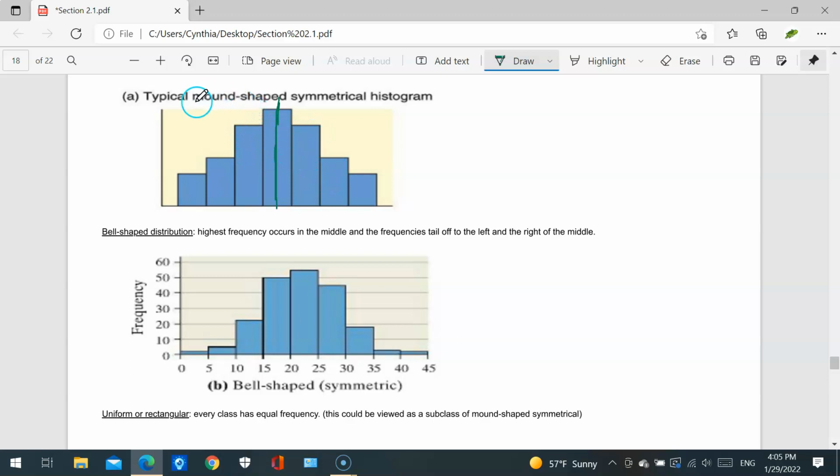So this one we call the mound shape, which is, this one is equal to this one because they have the same y value. These two have the same y value, right? And these two have the same y value.